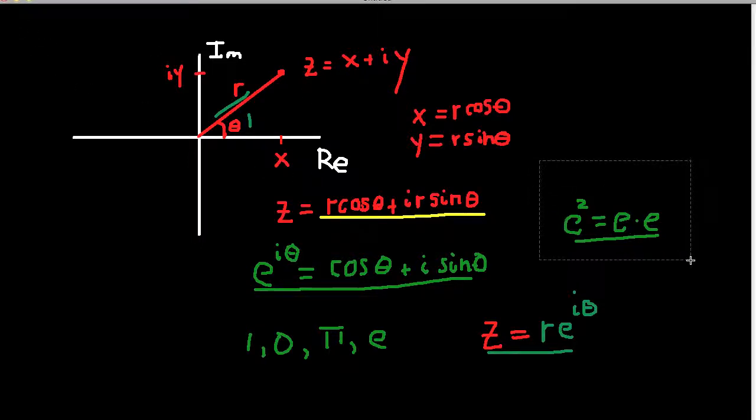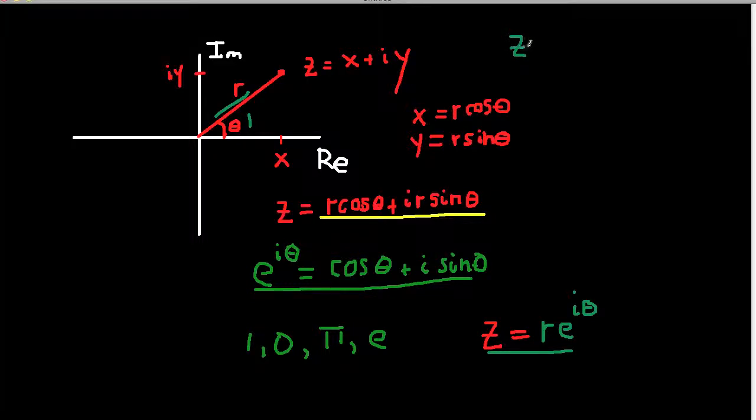If we're multiplying two complex numbers, say z1 times z2, which we can write as x1 plus iy1 times x2 plus iy2, we know that multiplying the complex numbers out can be a cumbersome operation.